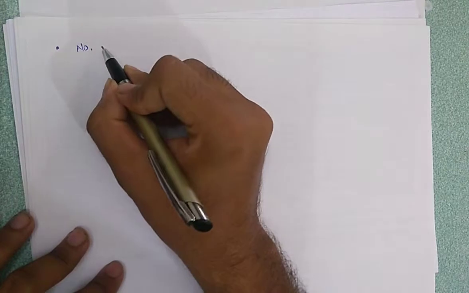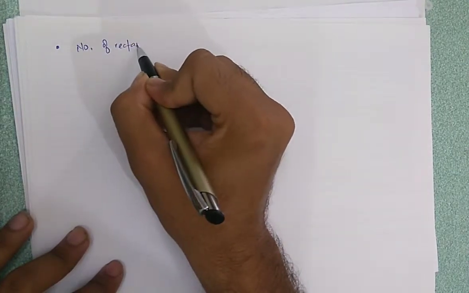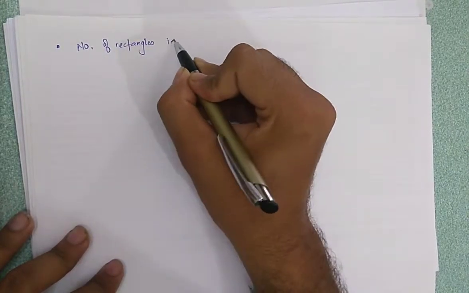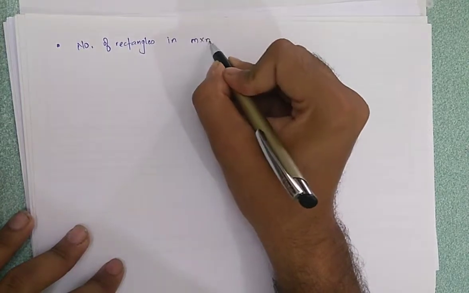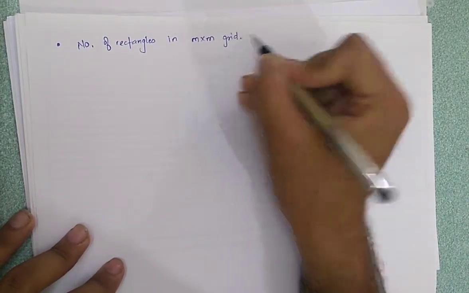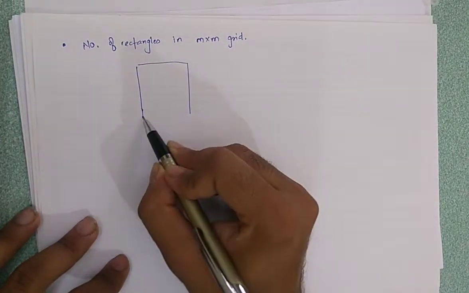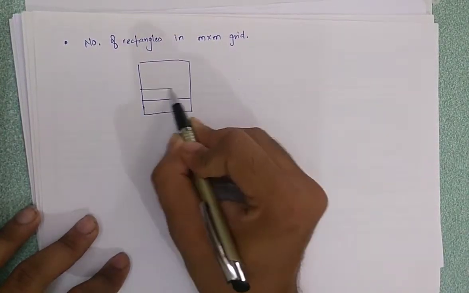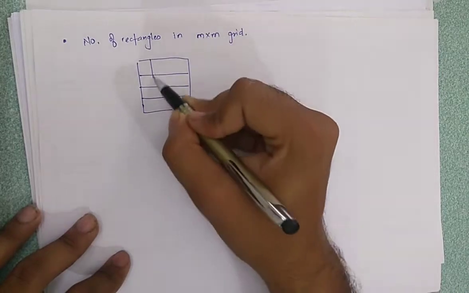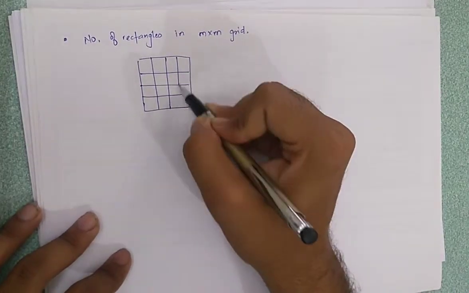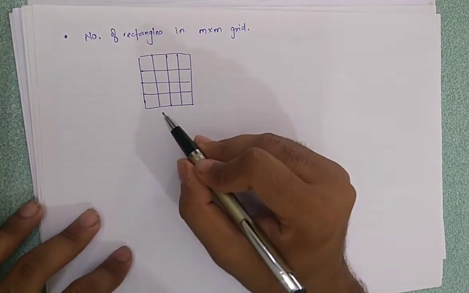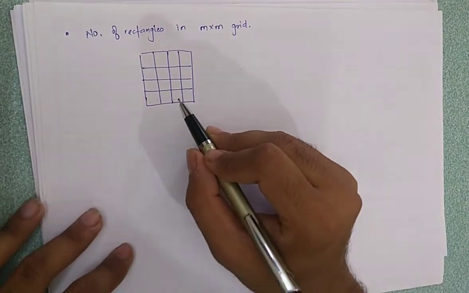So for questions like number of rectangles in an m into m grid, now we have a square grid, something like this. And we have to find the number of rectangles over here.